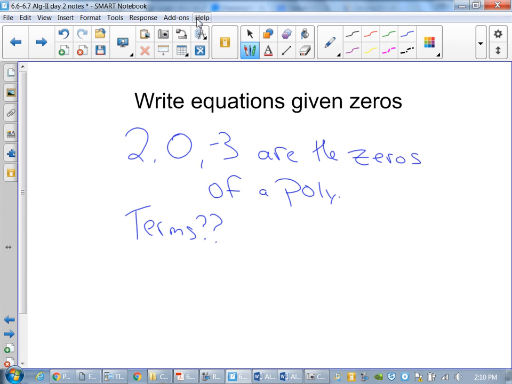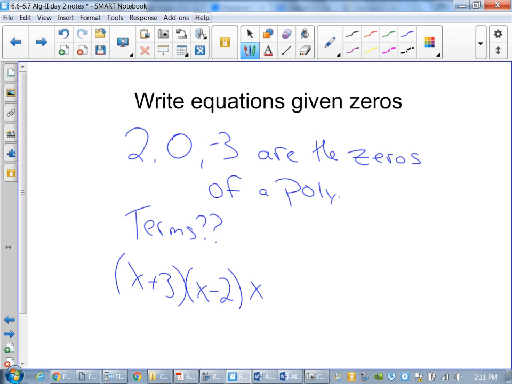If 2, 0, and negative 3 are zeros of some polynomial, that means that's where it's crossing the x-axis. What are the terms then that create it? So we have, what was it, Popcorn? X plus 3. X minus 2 is X. And just x, very good.